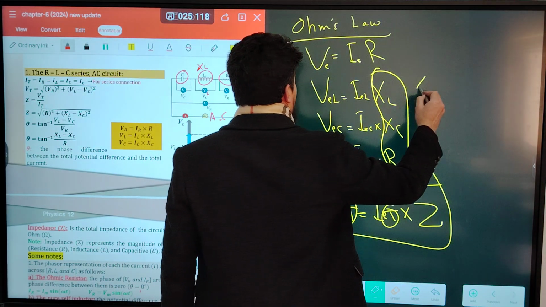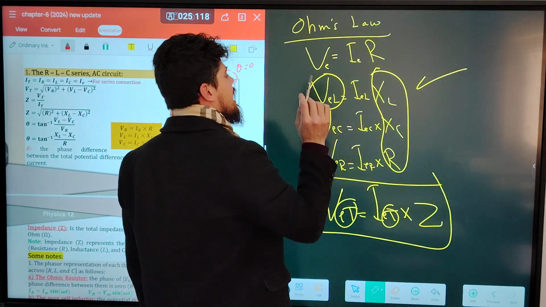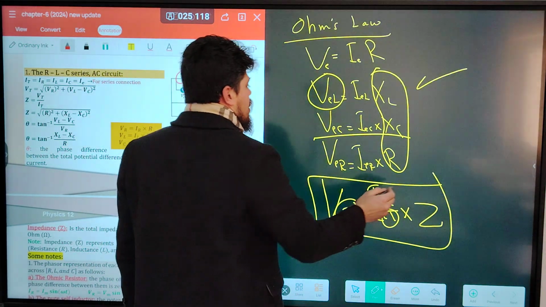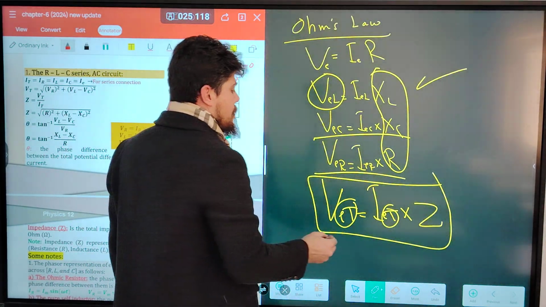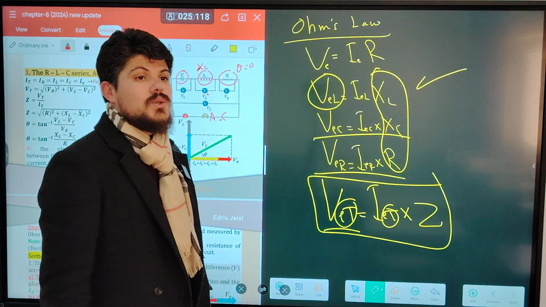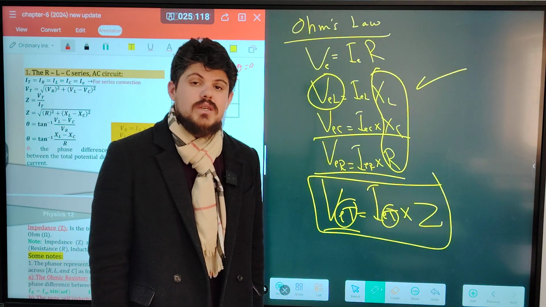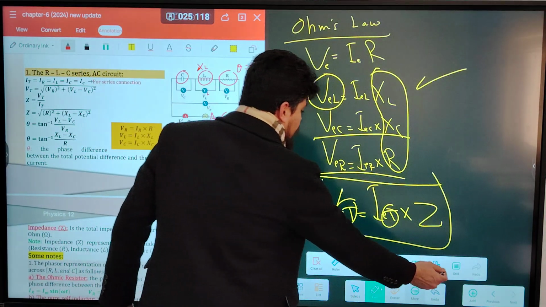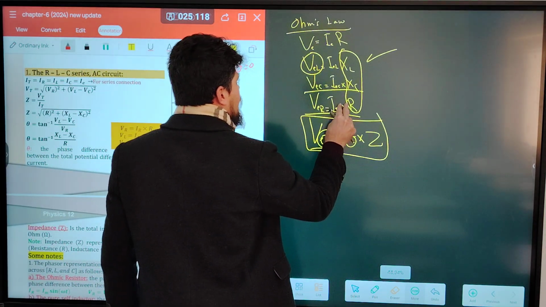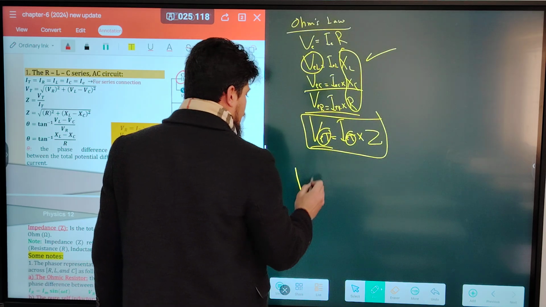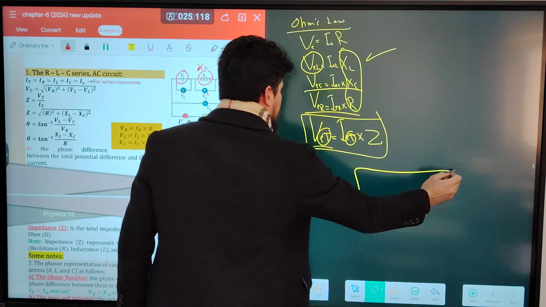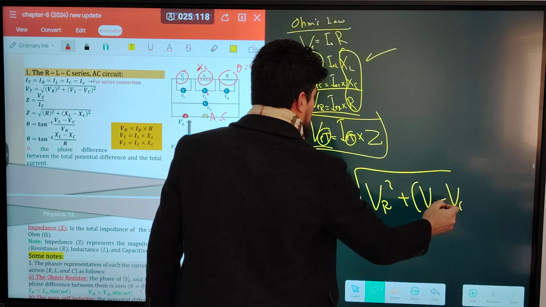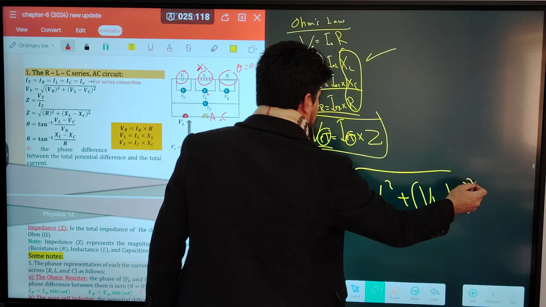Guys, this equation can be used to determine the potential difference across the inductance coil, this one across the capacitance, this one across the pure resistance. But this one is the total potential difference across the source. Also you can determine V effective total by using the Pythagorean theorem, which is equal to the square root of VR squared plus (VL minus VC) squared.